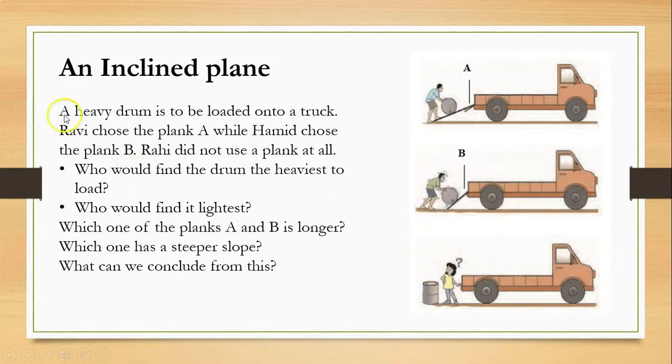So a heavy drum is to be loaded onto a truck. Ravi chose plank A while Hamid chose plank B. Rahi did not use a plank at all. Who would find the drum the heaviest to load? Think.